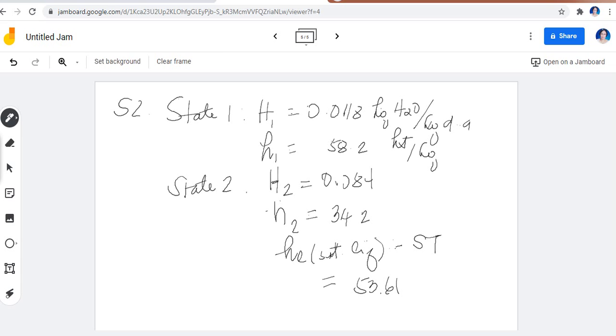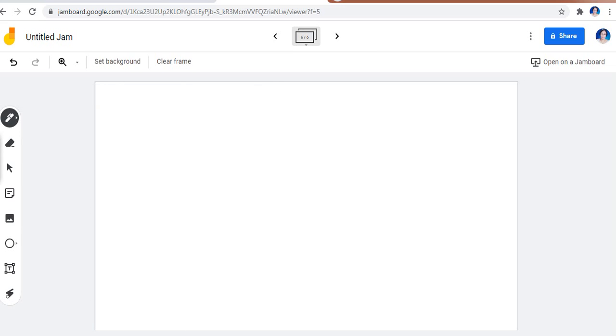Now going to do the solution for this problem. You have cooling in this case, so you have Q being equal to the mass flow rate of air times the change in enthalpy, state 2 minus state 1, and this time we will consider the condensate.